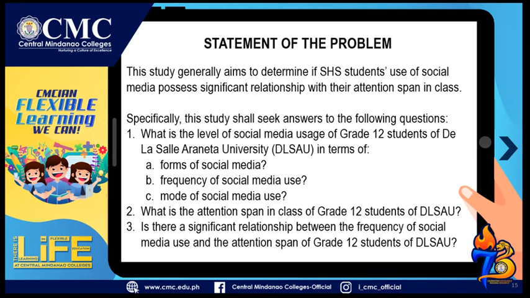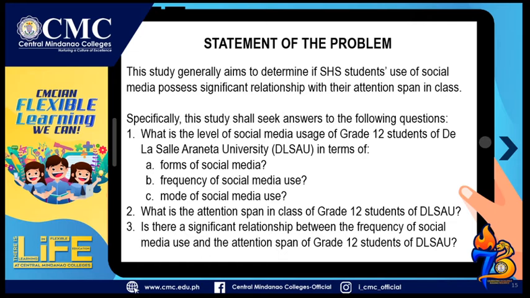First, what is the level of social media usage of grade 12 students of De La Salle Araneta University in terms of, first, forms of social media; second, frequency of social media use; and mode of social media use.